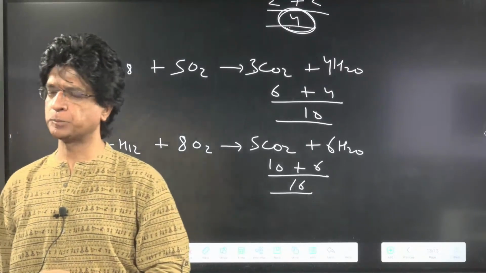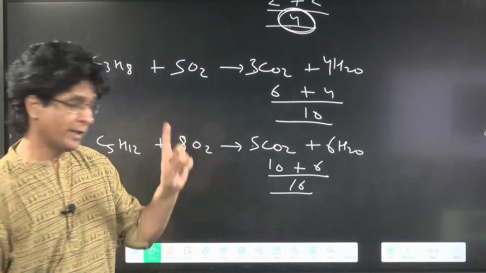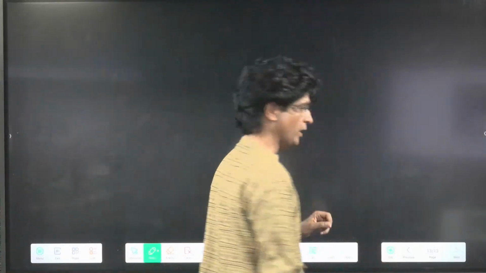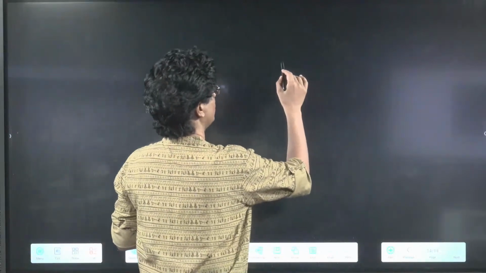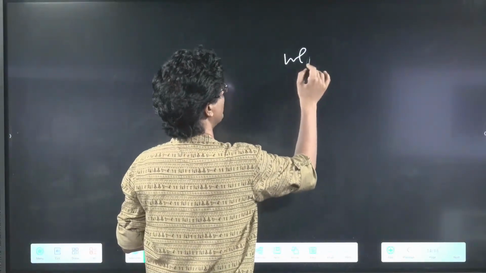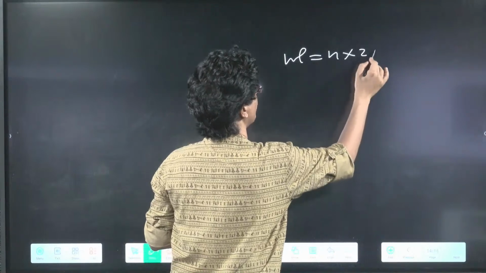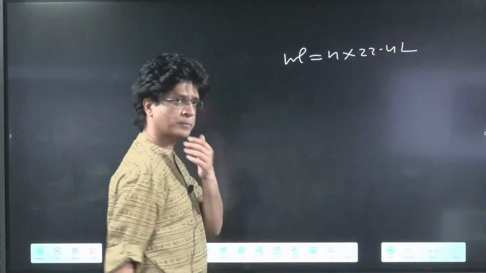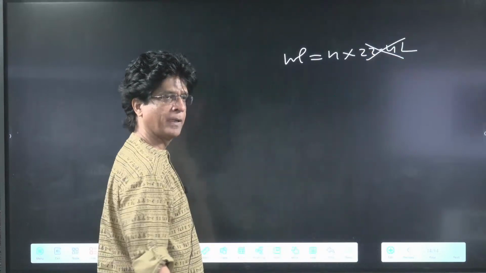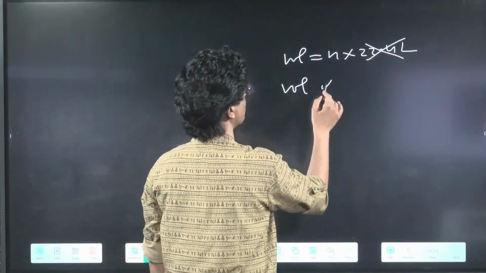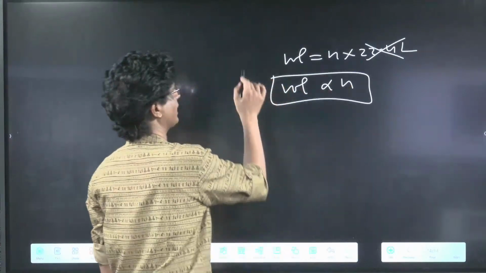Shall I? Understood? Now, a very important thing, children, understand that for gases, volume is equal to number of moles into 22.4 liter. Yes or no? Now, this will be constant every time. So, can I say volume is proportional to number of moles for gases?